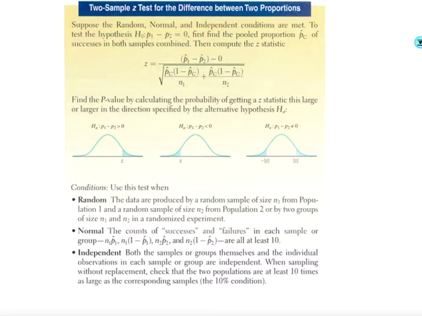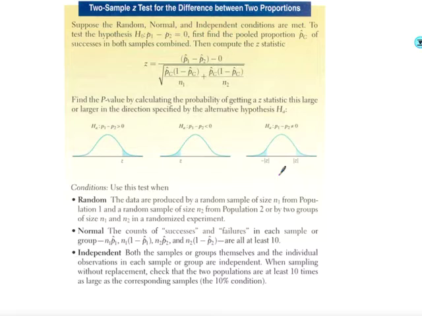First find the pooled proportion p hat c of the successes in both the samples combined. Then compute the z-statistic using this formula here. Find the p-value by calculating the probability of getting a z-statistic this large or larger in the direction specified by the alternative hypothesis. So a one-tail or a two-tail.